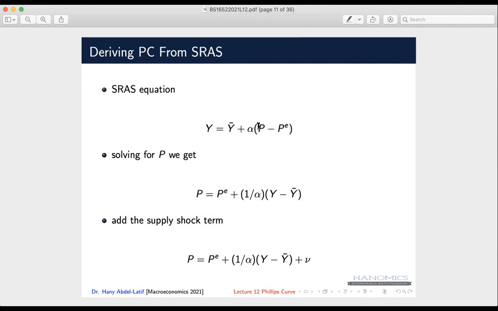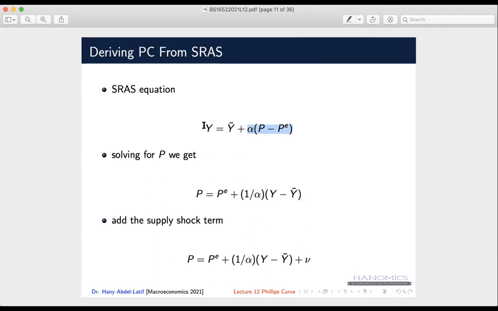If the actual price P turns out to equal what people expected about prices, then this term equals 0 and cancels out. So the output level will be at its natural rate, or its full employment output level.